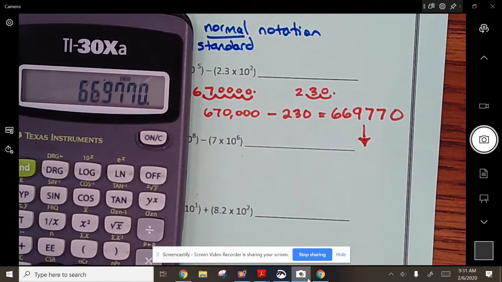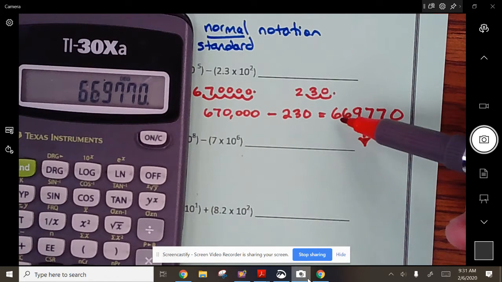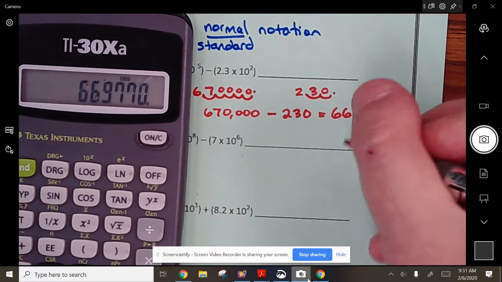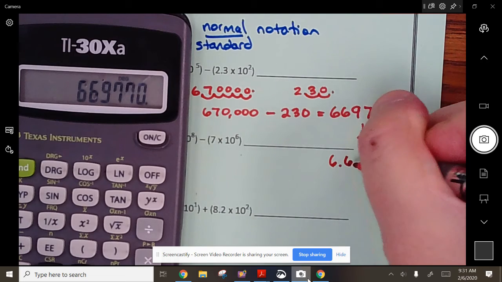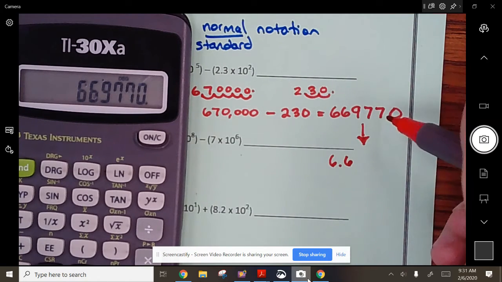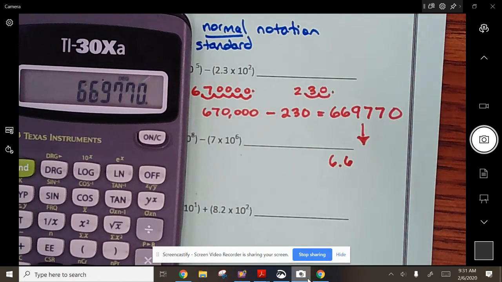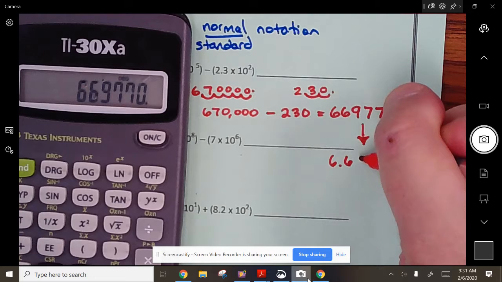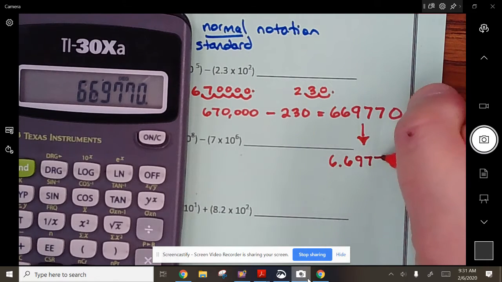Where does my decimal go? It always goes right after the first number. So it's going to be 6.6. But do I include all these other numbers? You do. And guess what? You would also include numbers even if there was a 0 in between; you always include all of your non-zero integers.